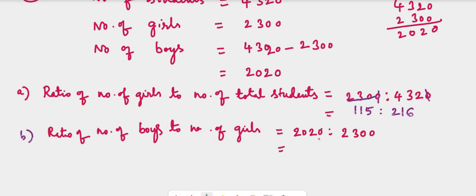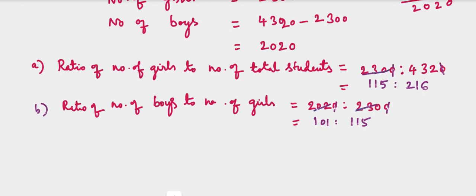So 0 0 will get cancel, and again 2 table, that is equal 101 is to 150. This is the ratio of number of boys to number of girls.